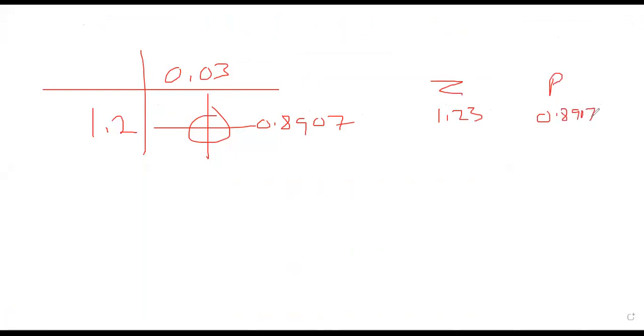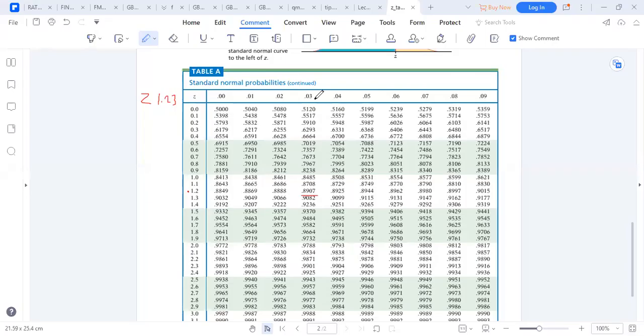I can even read it backward. If I'm asked to check inside the table, the probability, which is 0.8907, what is the Z? I just add 1.2 and 0.03. Collectively, it will give me 1.23.